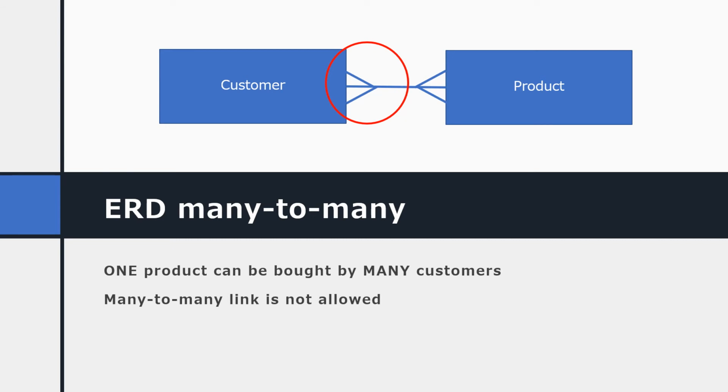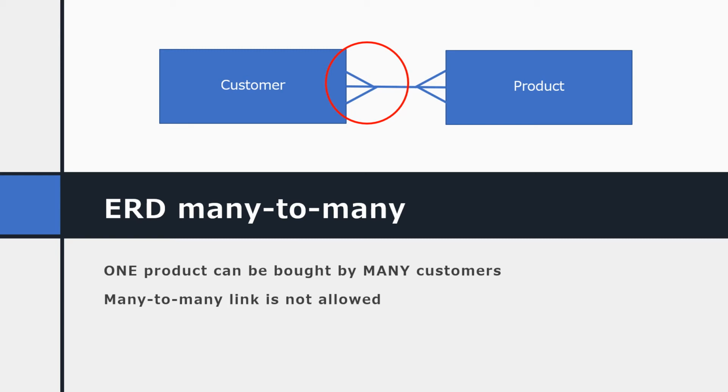But hang on a minute, also one product could be bought by many different customers. So a particular Hewlett-Packard printer might be bought by several different customers. So do we have to draw the line in the other direction as well? Well, this is called a many-to-many relationship because we've got the 3 lines at both ends.